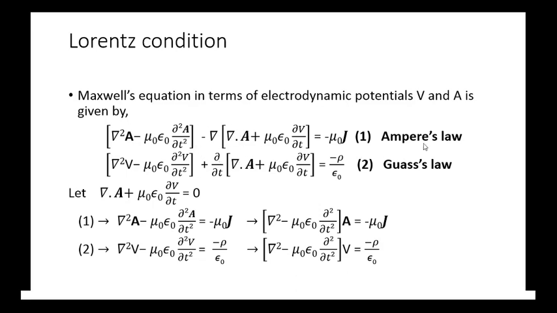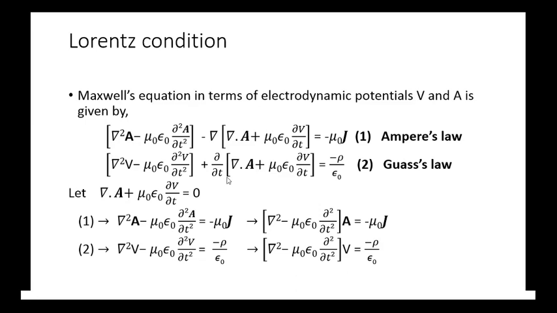First one was Ampere's law in terms of V and A, and second one is Gauss law in terms of V and A. See, in both the equations there is a bracket, that is del dot A plus mu 0 epsilon 0 dou V by dou T, isn't it? So let this term be equal to 0. That is del dot A plus mu 0 epsilon 0 dou V by dou T is equal to 0. What will happen?